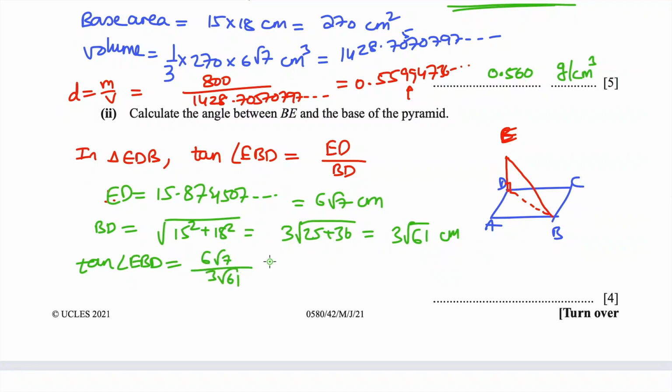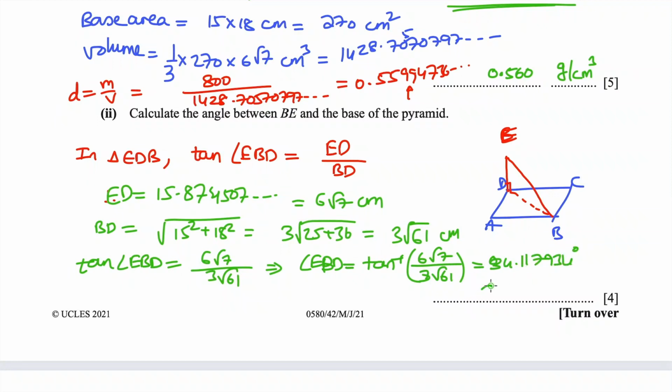And so if I calculate this value, that implies angle EBD is equal to tan inverse 6 root 7 divided by 3 root 61, and its value will be equal to 34.117934 degrees.